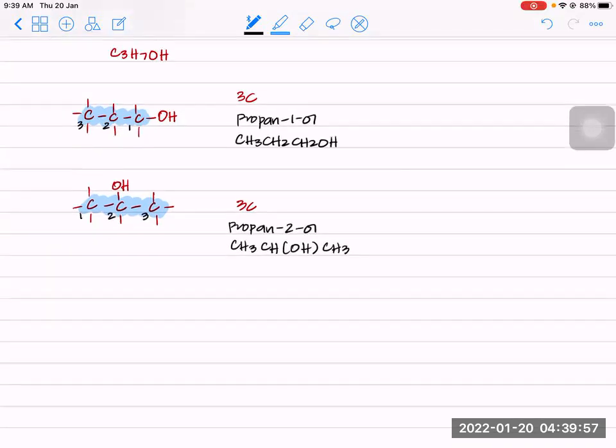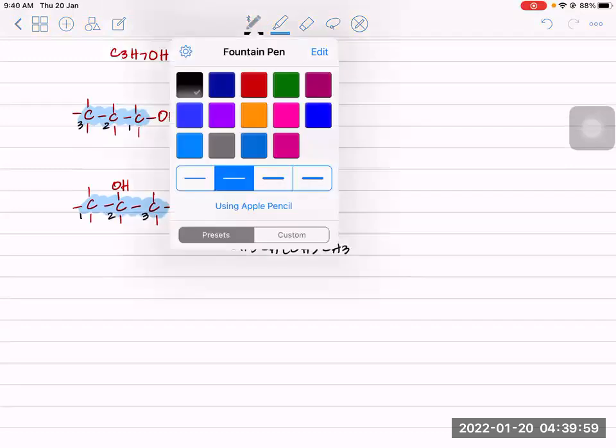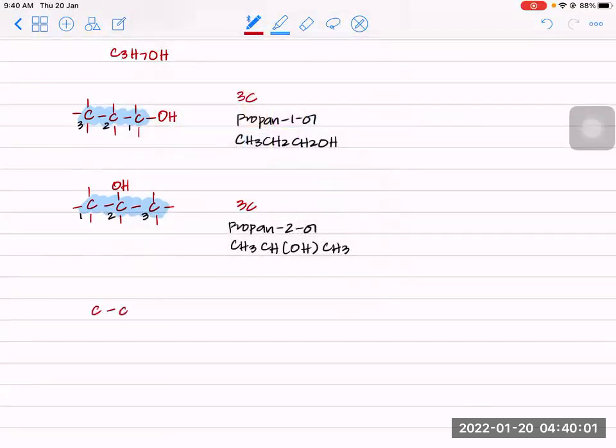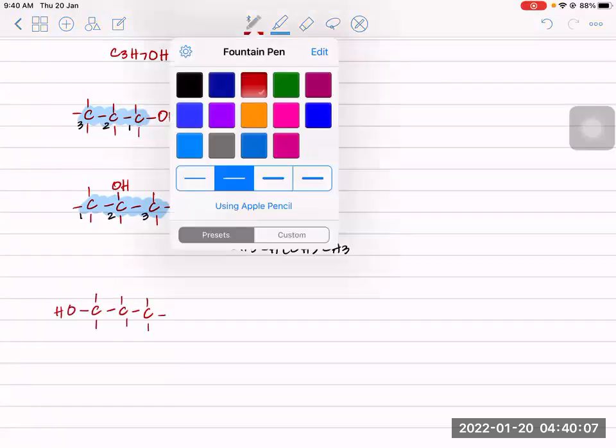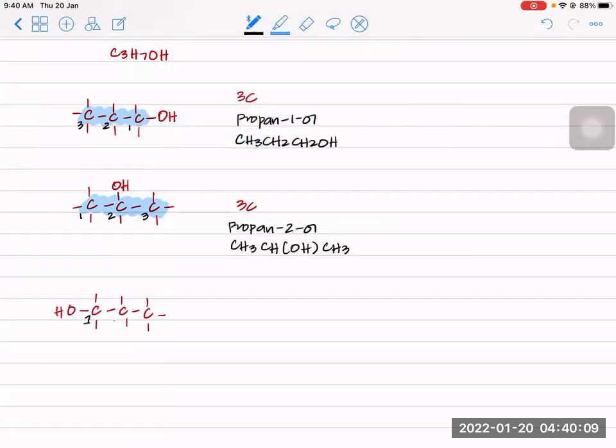Is this clear? Now you'll be like, all right, miss, can we also have this as an isomer where the OH is on carbon number? Now you see, this is also technically what? Carbon number 1, because you need to give carbon the least number where you have the OH. So this and this is the same.